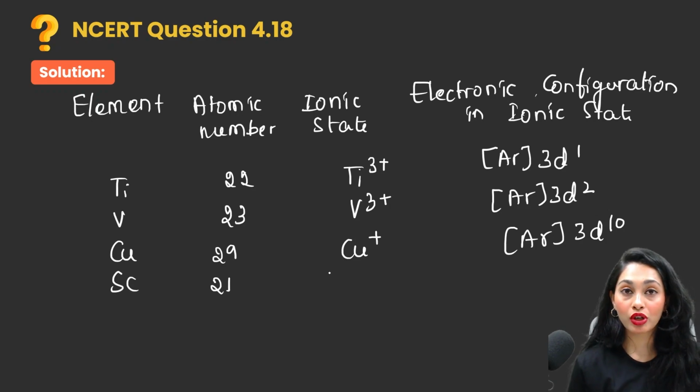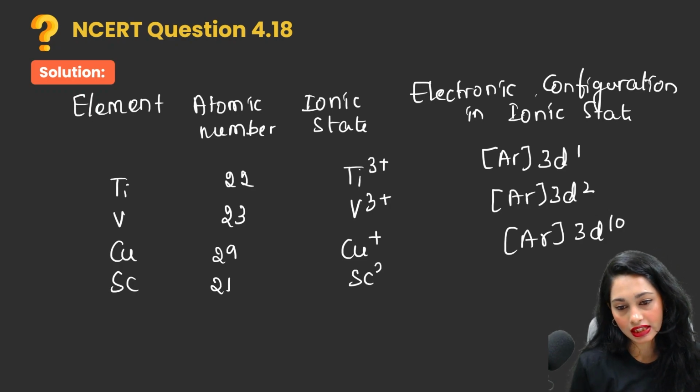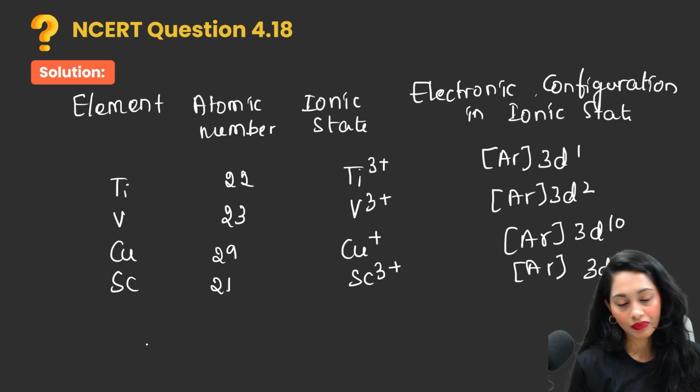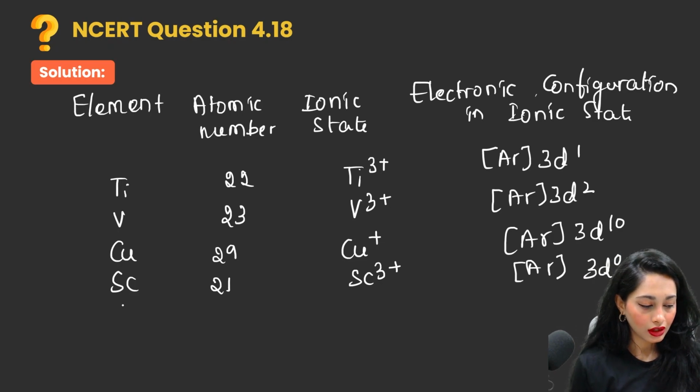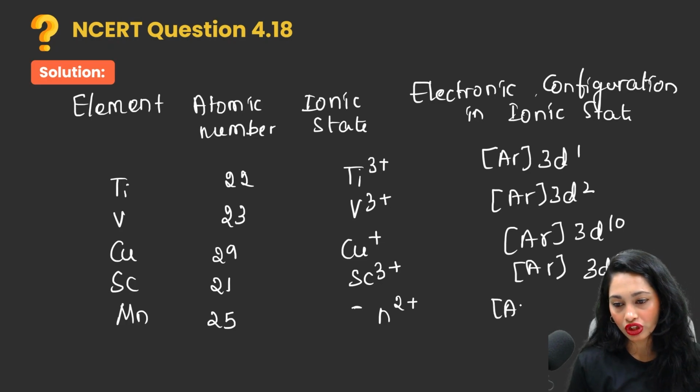Next we have scandium. 21 is the atomic number of scandium. The ionic state given in the question is Sc3 plus, 3 plus ionic state. Argon 3d0. Next we have manganese. So atomic number is 25. So the state is Mn2 plus. And argon 3d5.